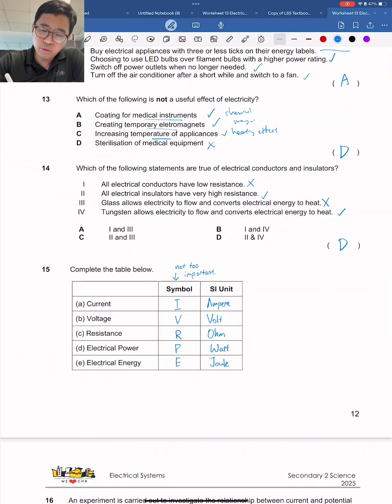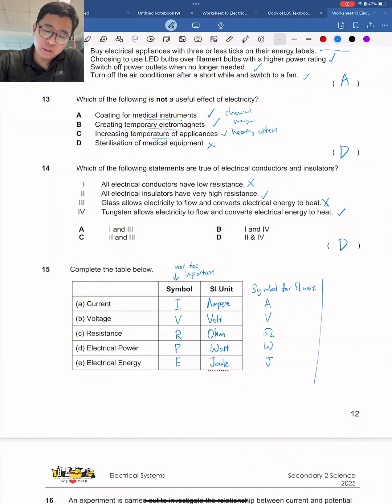The symbol for the SI unit you also need to know. So symbol for ampere is A, for volt is V, for resistance is ohm, for watt is W, for joule is J.